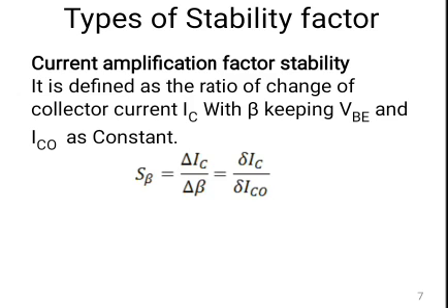Next, third one, current amplification factor stability. It is defined as the ratio of change of collector current IC, delta IC, with beta, keeping VBE and ICO constant.